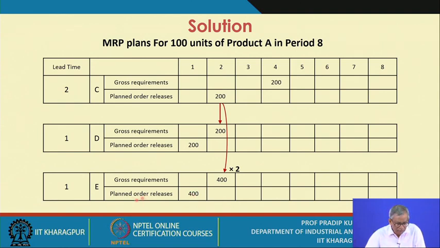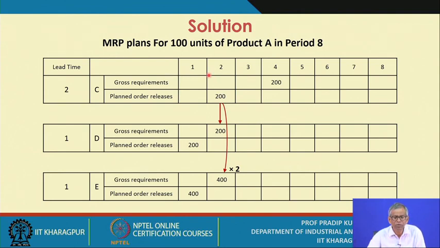So that's why the planned order release will be made in the first week, and the total requirement will be 400 units. So this way you make the plan. This is the document you prepare, at time t equals 0.